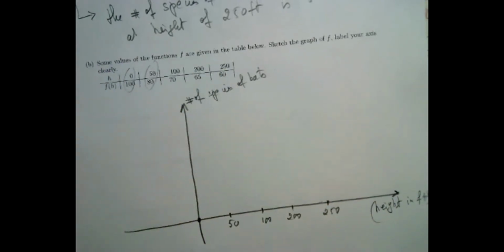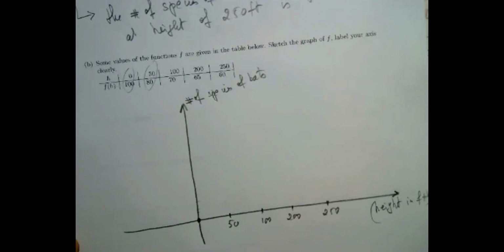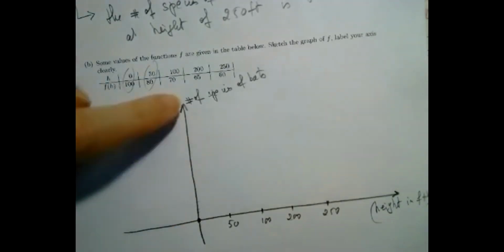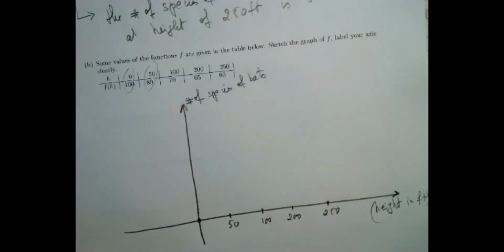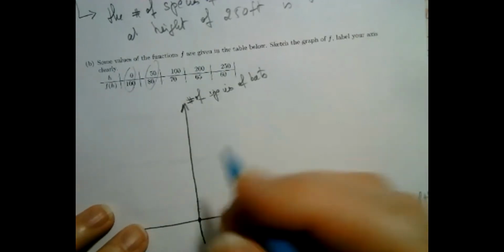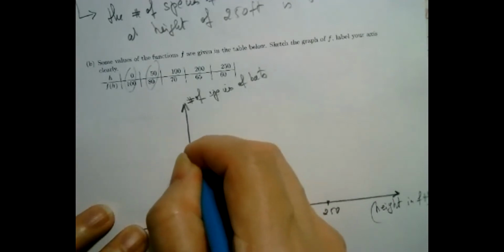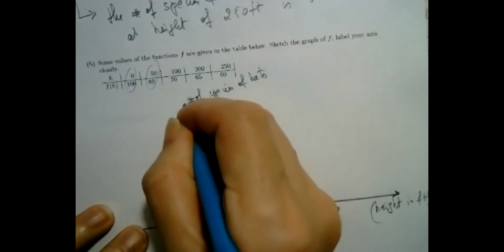So how do you want me to scale this? If I do it every one, it's tedious. How do you want me to write numbers on the vertical axis? Going by 10, going by 5, what do you want me to do? You say 20s. Okay, so I can do 20, 40, 60.